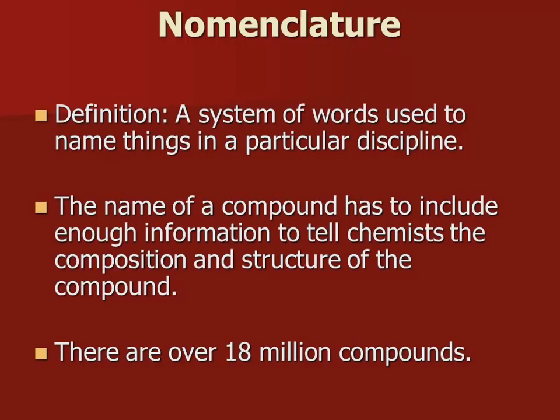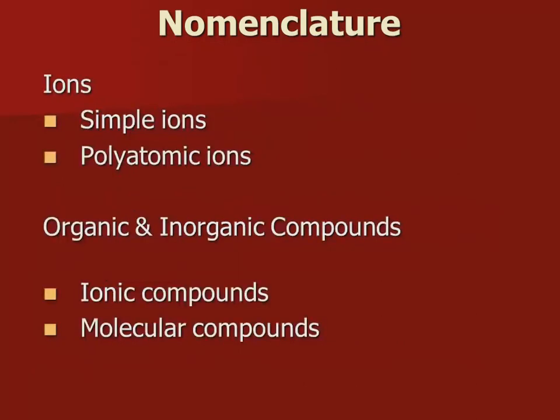The name of a compound should be enough information so that we know what the chemical structure is like, and we know that there's a lot of chemical compounds. Two different groups. We have ions, which are basically ones that are either free in solution or awaiting another reaction to become a complete compound.